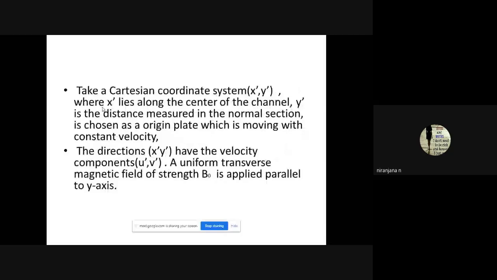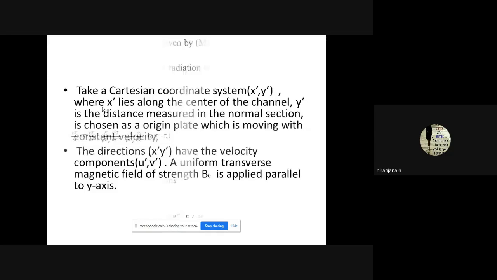Here is my formulation. I consider a Cartesian coordinate system where the x-axis lies along the center of the channel and the y-axis is the distance measured in the normal section, chosen as the origin plate, which is moving with a constant velocity, and a uniform transverse magnetic field with strength is applied parallel to the y-axis.